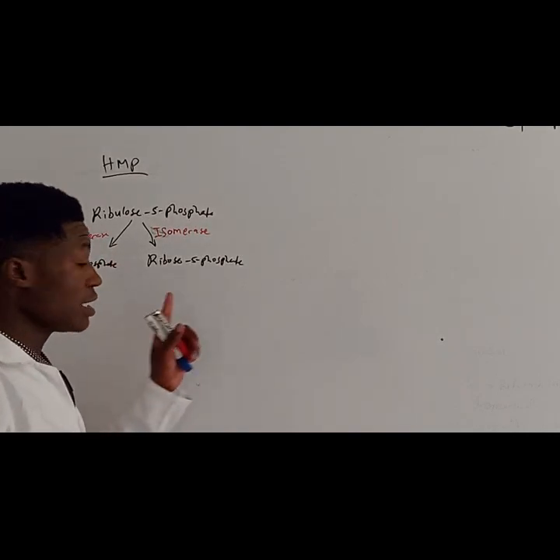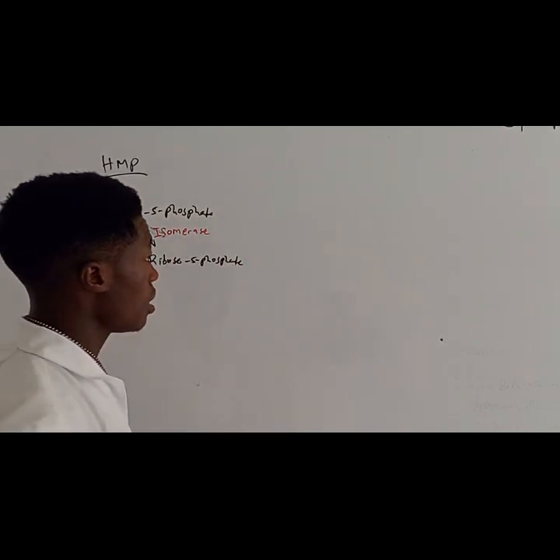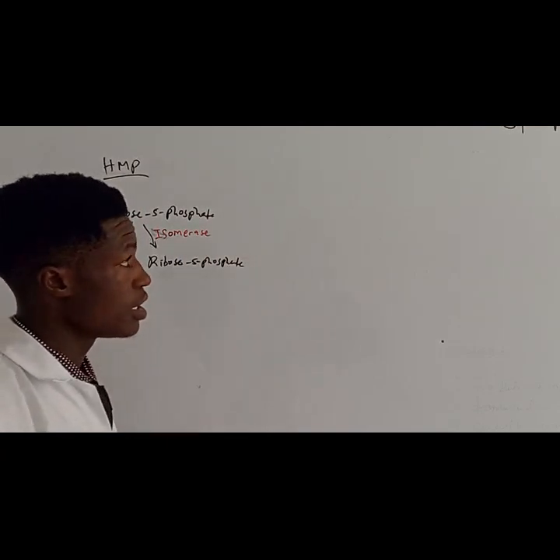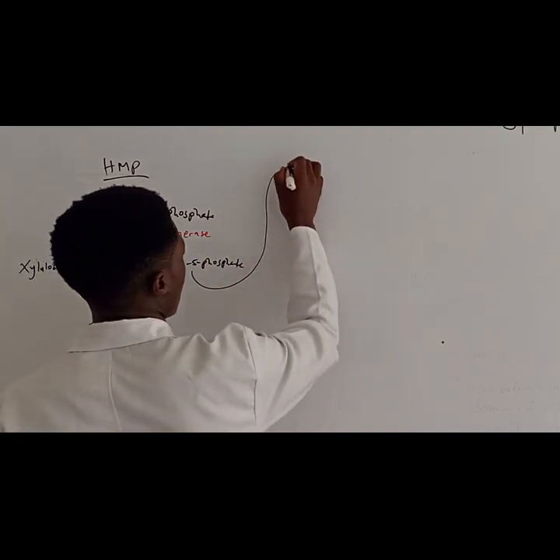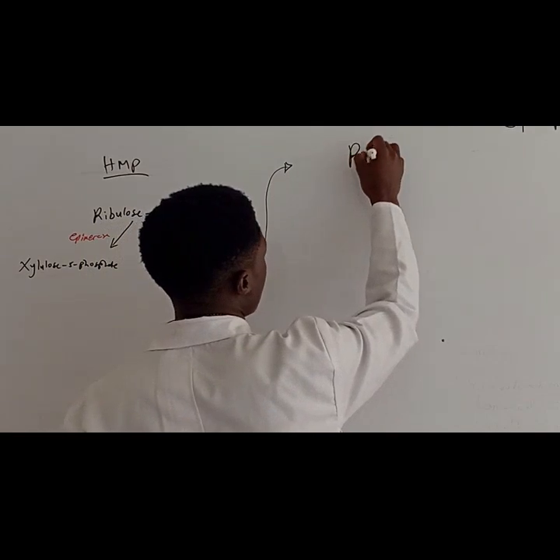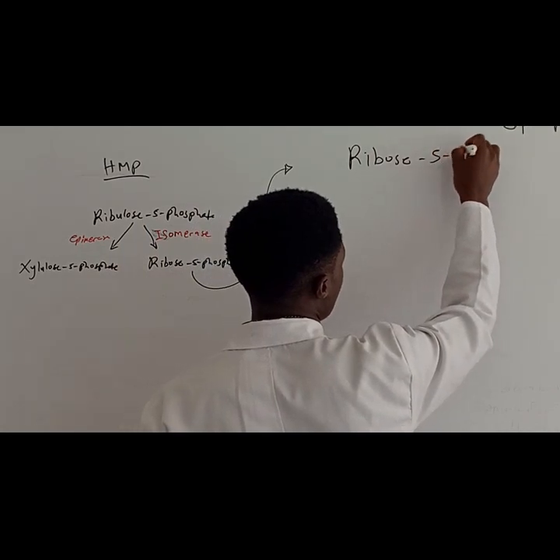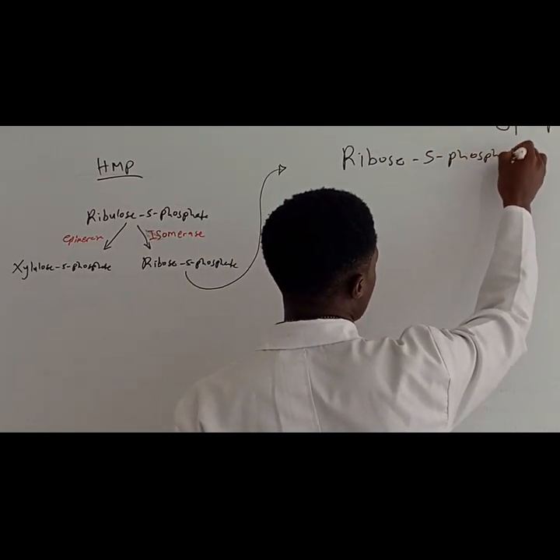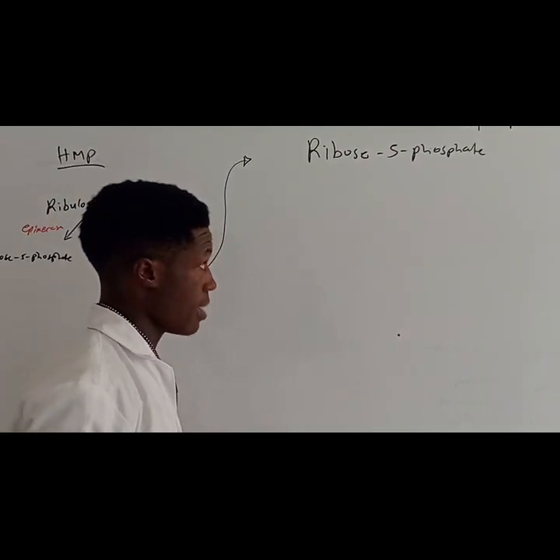Now it is this ribose 5-phosphate that we are going to use as the initial intermediate for the synthesis of the purine nucleotides. So let us take this ribose 5-phosphate and start here. Now, ribose 5-phosphate can be acted upon by an enzyme.